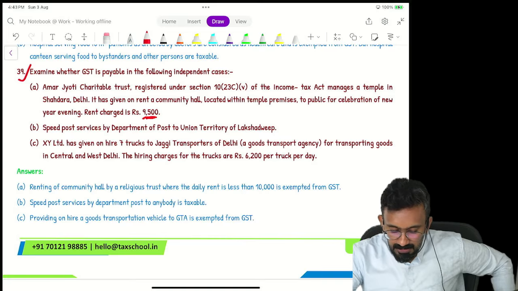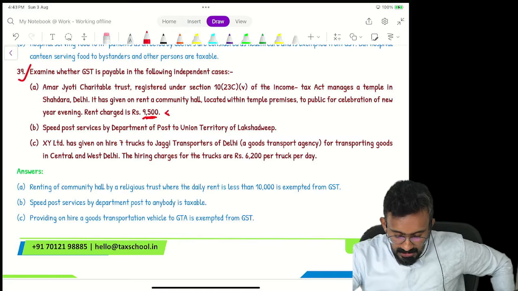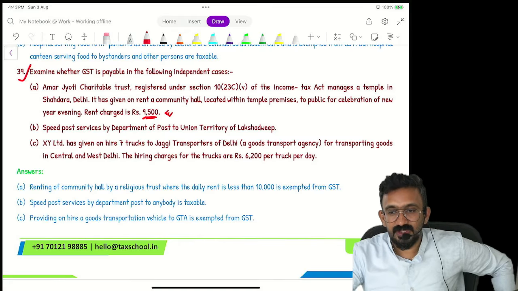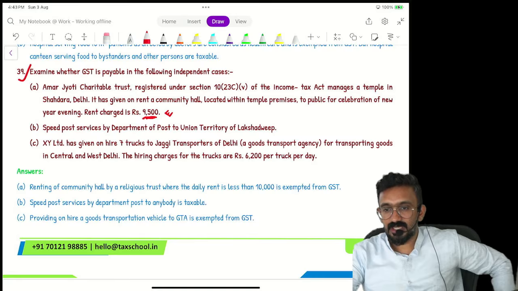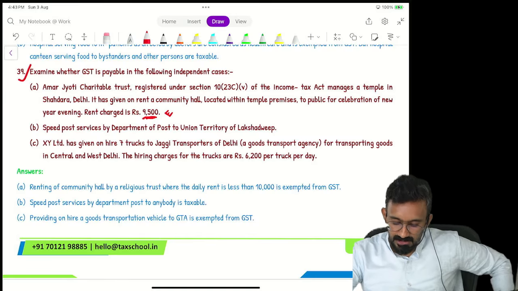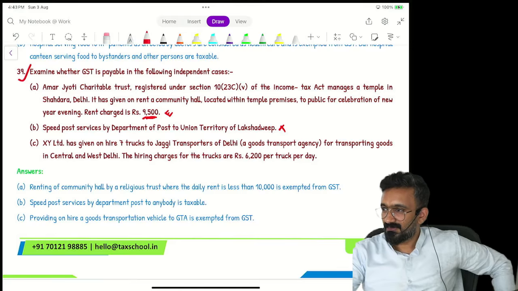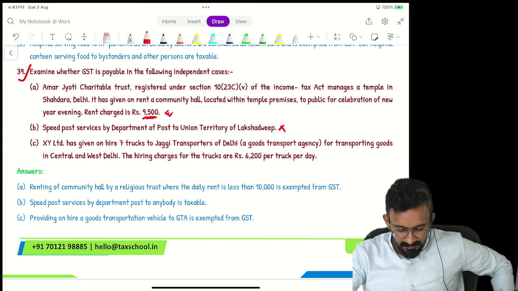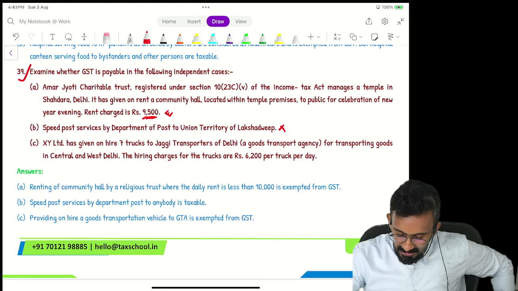They are giving temple premises, community hall. Exempt. Speed post services by Department of Post to Union Territory of Lakshadweep. Taxable. What is exempted in post? BIPO, book post, inland letters, postcard, ordinary post less than 10 grams. Truck, it is exempt. GTA.